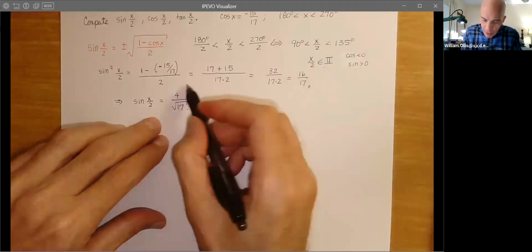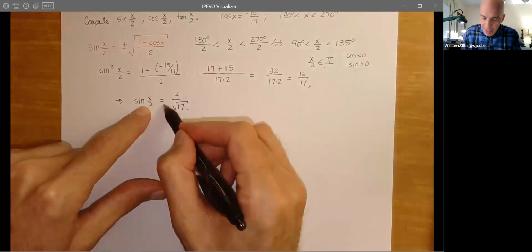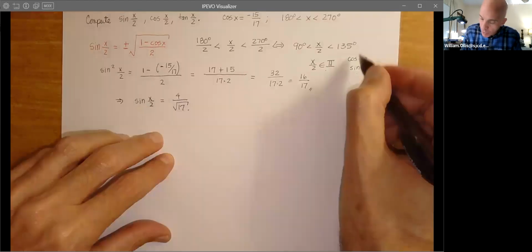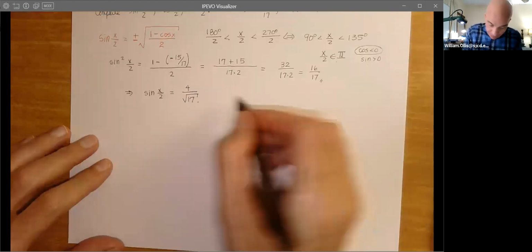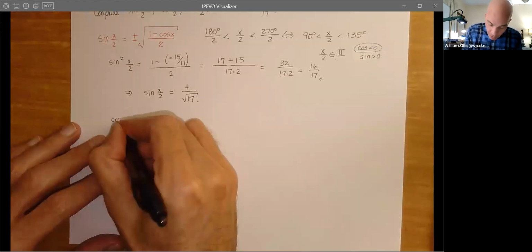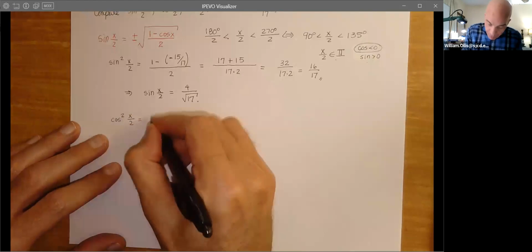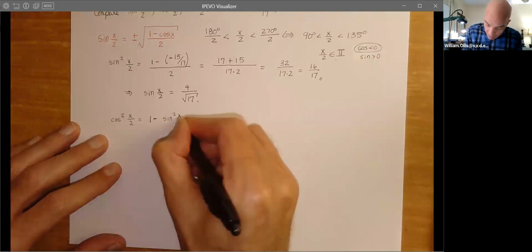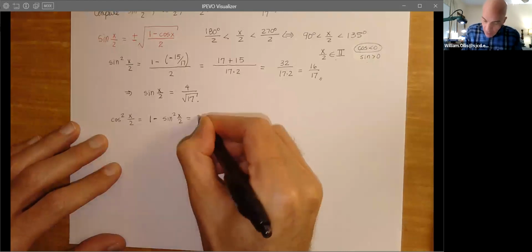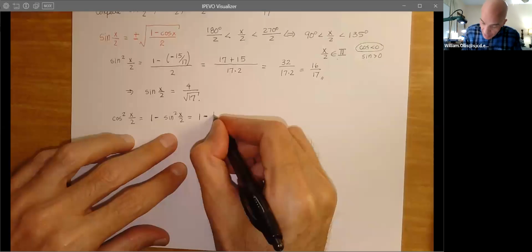So now when we look and say, okay, well, we can just use the fundamental identity to get the cosine, but remember the cosine is going to be less than 0. So let's look at the square. So cosine squared of x over 2 will be 1 minus the sine squared of x over 2. So there's the square right there. So this is 1 minus 16 over 17.